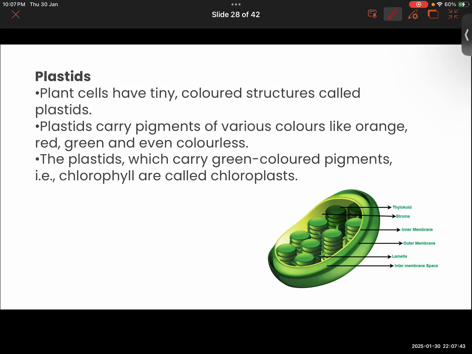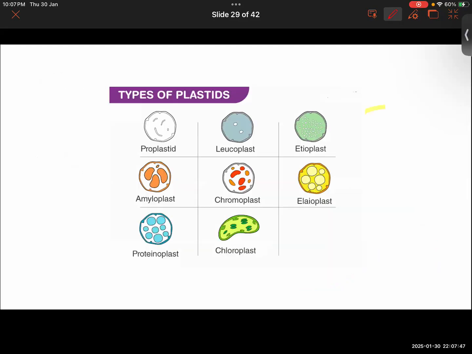Then we have different types of plastids based on the color pigment. You don't have to memorize all of it. I'm just telling you for the sake of making things clear. For example, you have chloroplast, the one that contains the green pigment. What is the green pigment? Obviously it is chlorophyll.